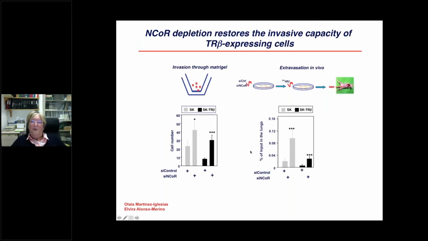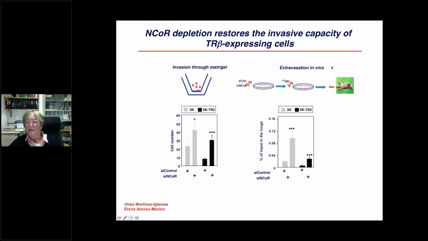But NCOR is important, not only mediating the effect of TR-beta on the expression of the metastatic genes, but also in the cellular invasion, both in cultured cells and in vivo. In invasion through Matrigel, you can see that expression of the receptor reduces very significantly the invasive properties of the cells. However, when NCOR is knocked down, this inhibitory effect is almost totally reversed.